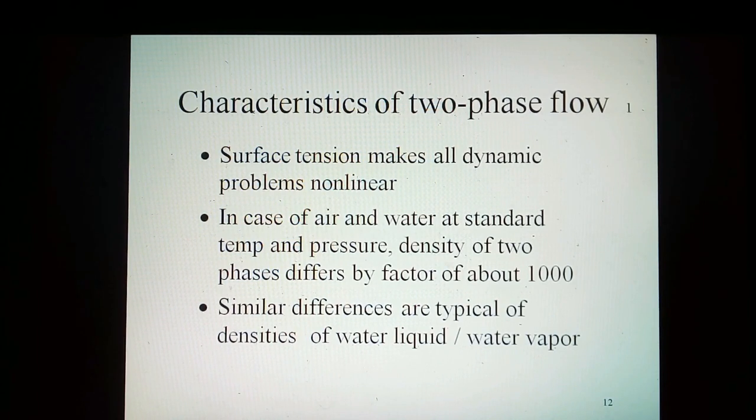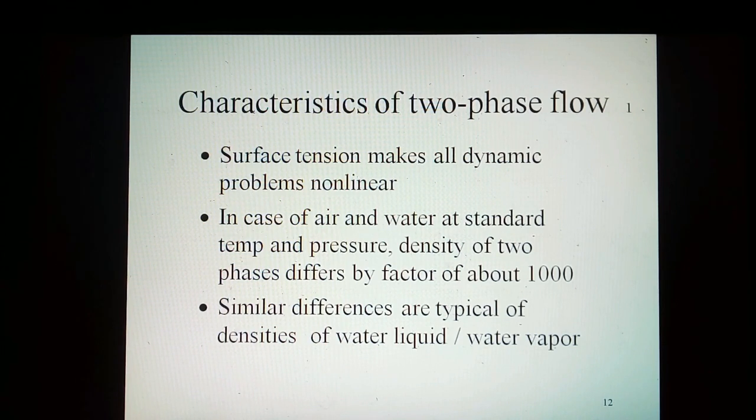Characteristics of two-phase flow. Several features make two-phase flow an interesting and challenging branch of fluid mechanics. Surface tension makes all dynamical problems nonlinear due to the Weber number. In the case of air and water at standard temperature and pressure, the density of the two phases differs by a factor of about 1,000.